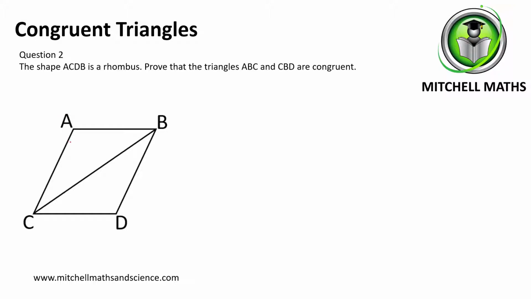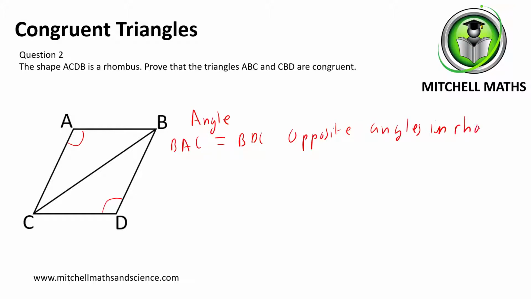So first of all, I'm going to prove that angle A is the same as angle D. So we put angle BAC is equal to BDC, because opposite angles in a rhombus. So we know that those two are equal.